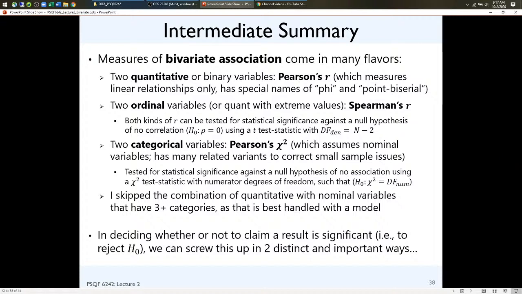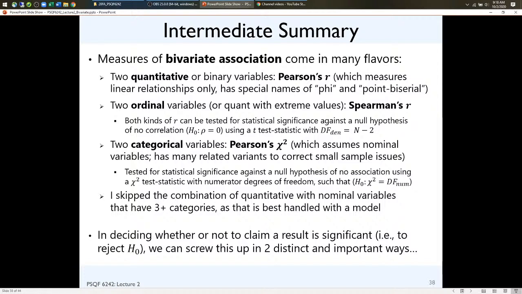So concluding the unit that we've been focusing on with respect to bivariate association, the kinds of procedures that you would use to assess relationships between two variables depend on what kind of variables they are. If you have quantitative variables, you can look at a linear association between the two of them using a Pearson correlation.